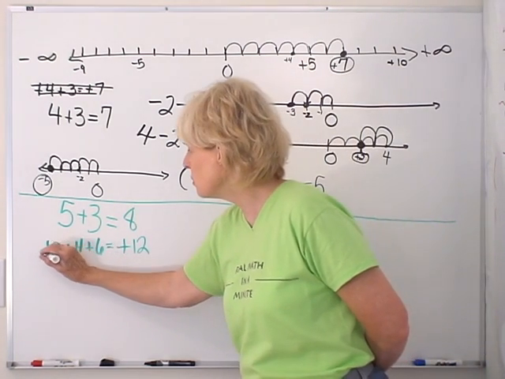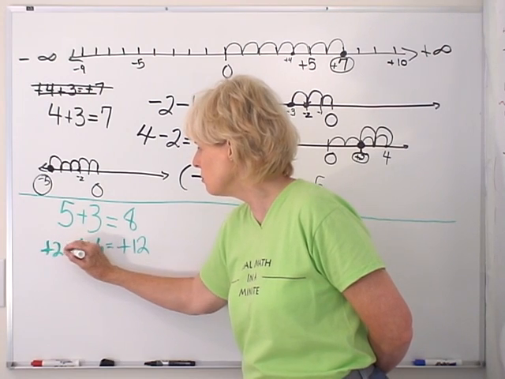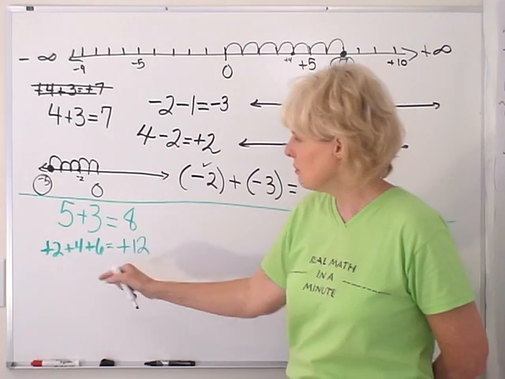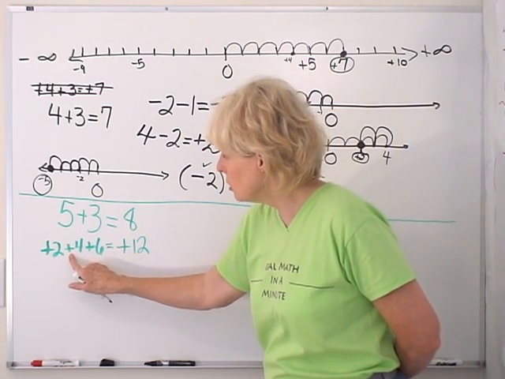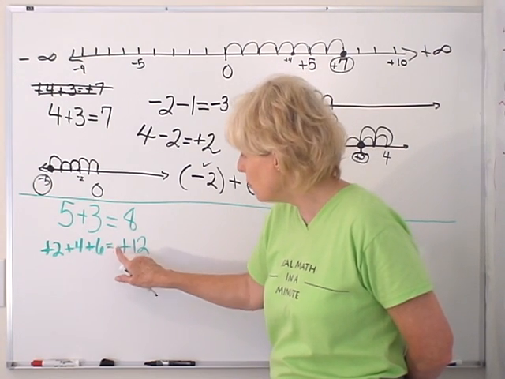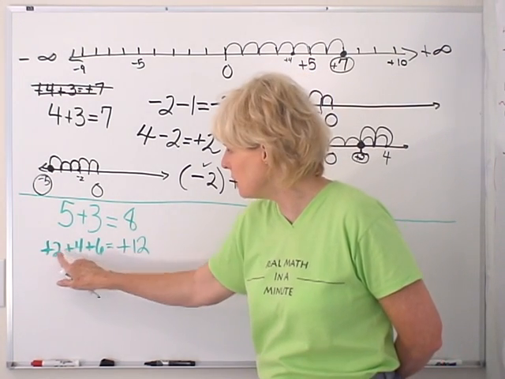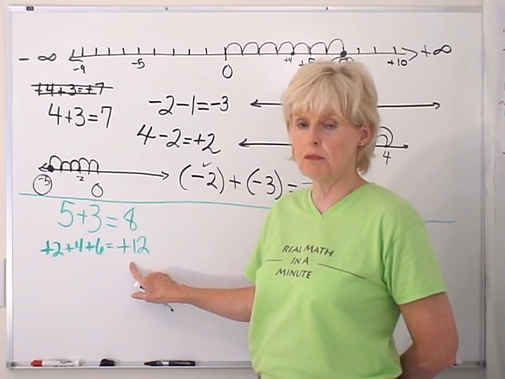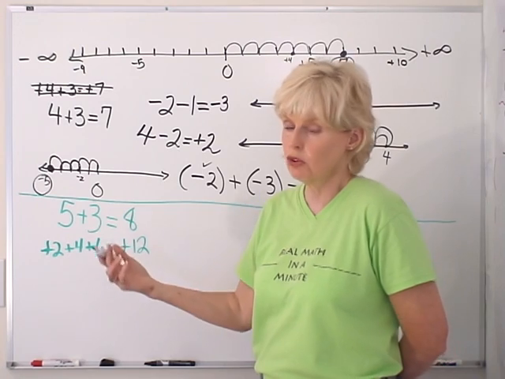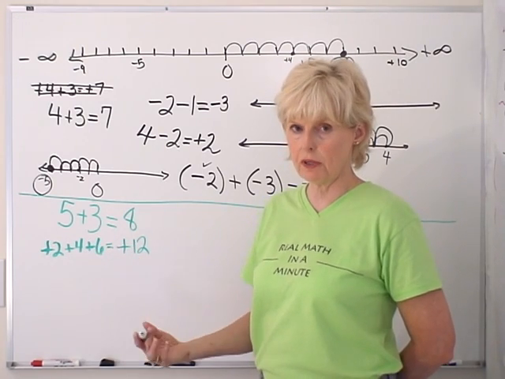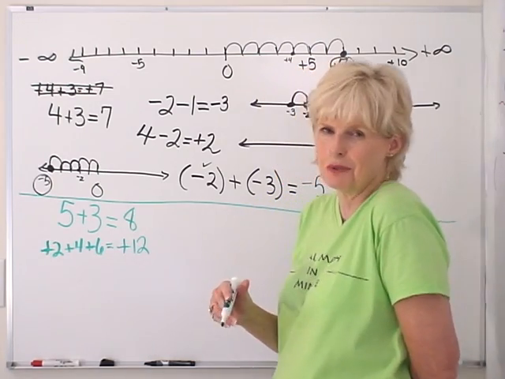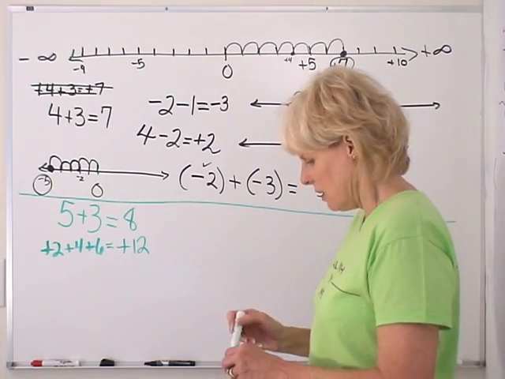So if I'm adding all positives, doesn't matter how many, I'm going to get a positive. Rule number 1, positive plus a positive is a positive. You already knew that one anyway, so I started with an easy one.